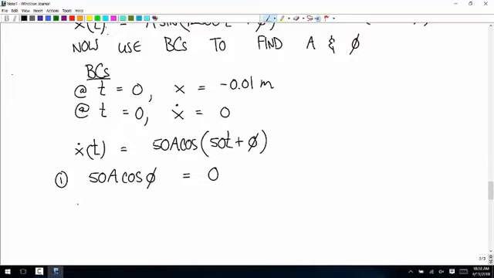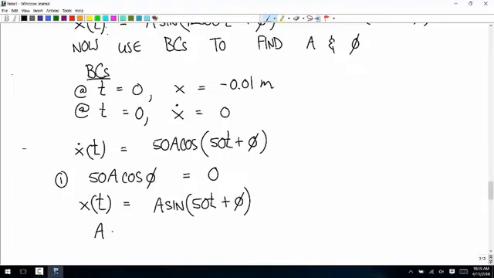And then our second equation says, x as a function of time is equal to a times the sine of 50t plus phi. We know that this is equal to negative 0.01 at time 0.